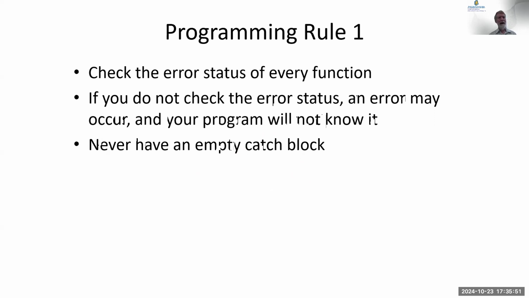That's really bad. I think I've mentioned before in a different class, graduate students should know better. A graduate student had an empty catch block. The program was throwing exceptions, jumping into the catch block, doing nothing because there was nothing in the catch block, and going on, executing with no errors. The student said, oh, it works perfectly, when in fact it didn't work at all. And you should always check all error statuses, because if you don't, errors may be occurring and you don't know them.